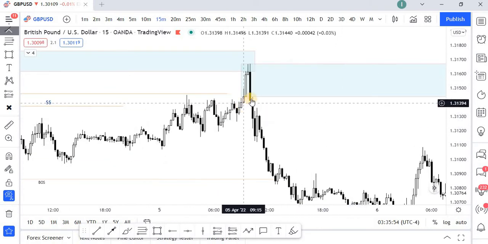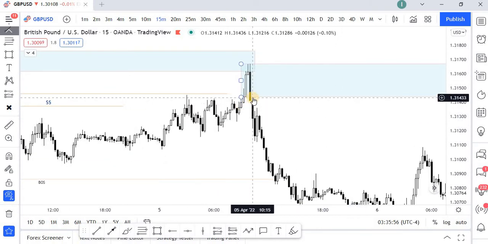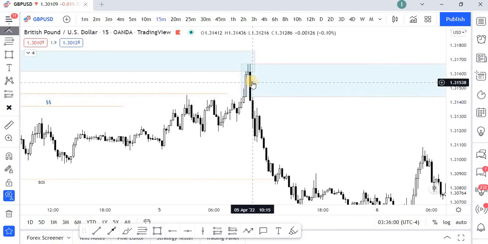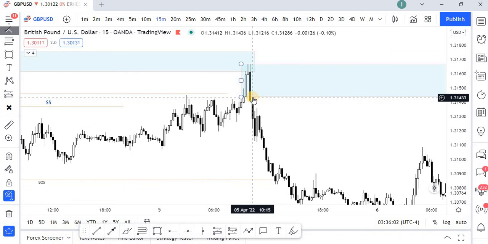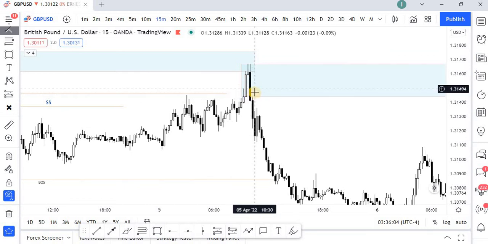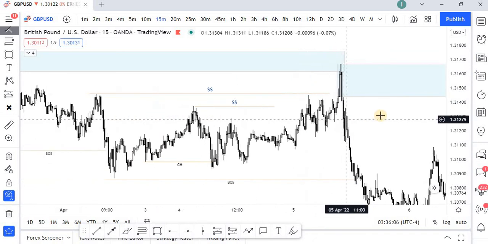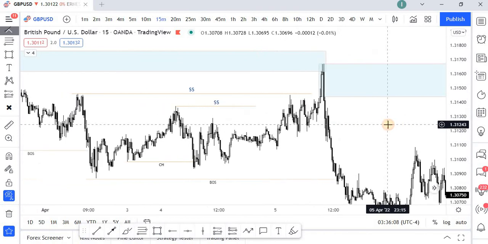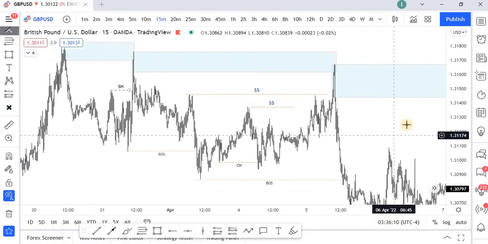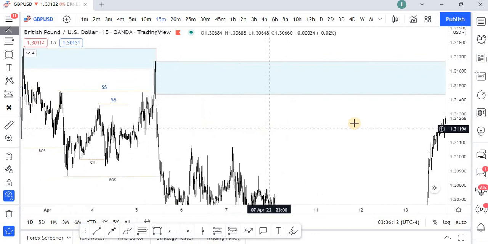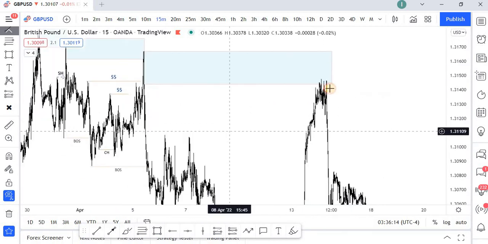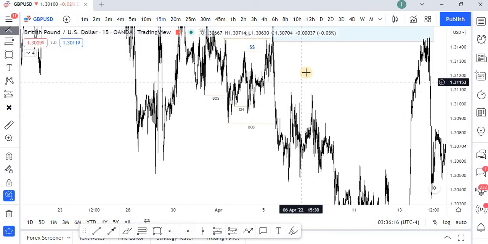So another safe way to enter is to trade from this imbalance area, to trade from the start of the imbalance candle. Okay, so that's one of the safe ways you can actually enter your trades. So that is what we did. And you can see that price actually came and reacted from there.